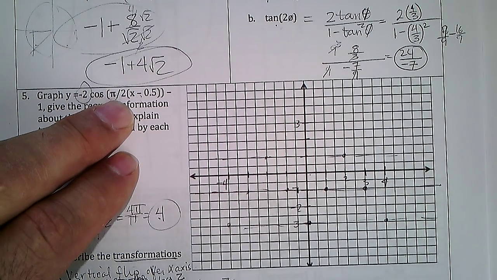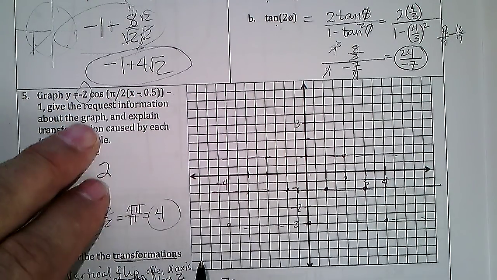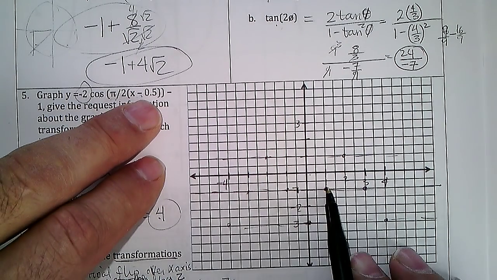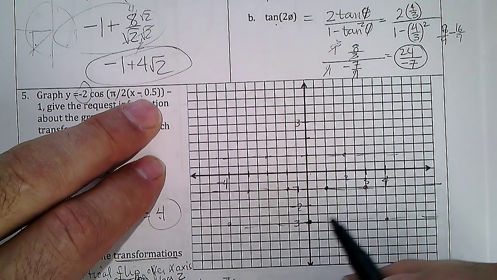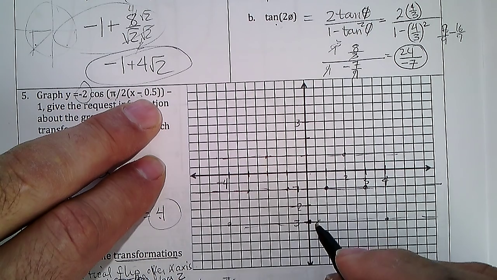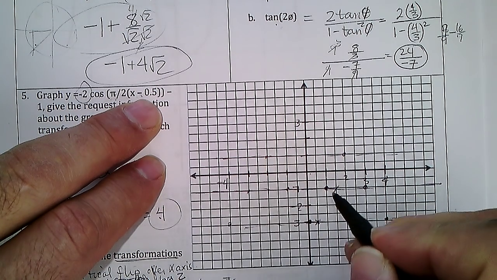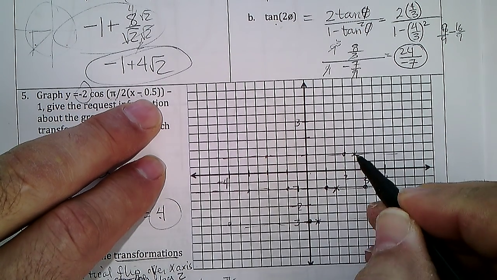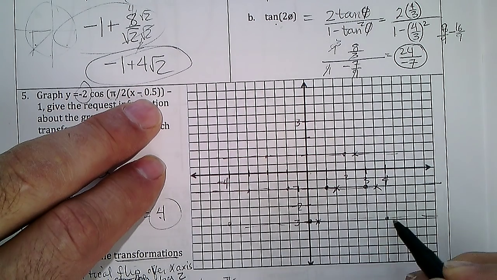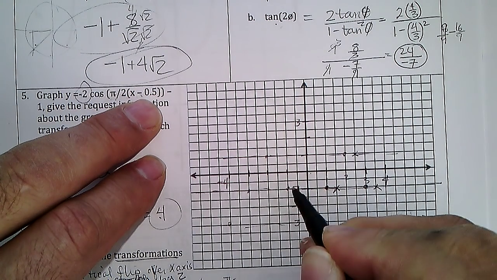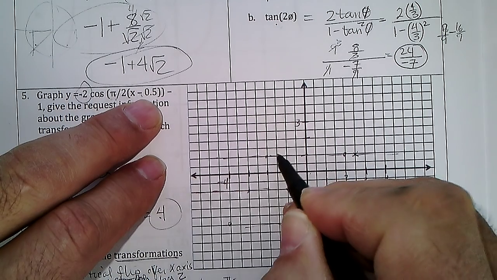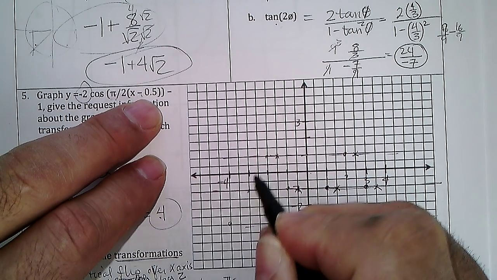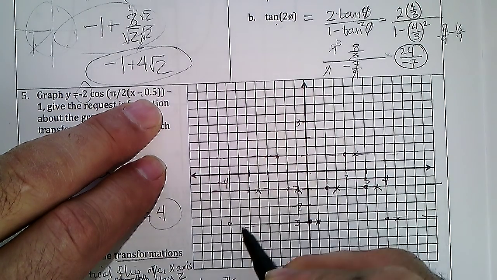However, this is shoved 0.5 to the right. So this point becomes this one. This one goes to here. This one goes to there, there, and there, there, there, there, and there.